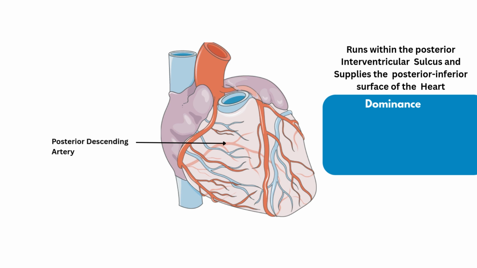In about 85 to 90% of people, the posterior descending artery branches off the right coronary artery. This is a right dominant circulation. And in about 10% of people, it branches off the left circumflex, making them left dominant. So a lucky few people even have what is termed a co-dominant system, where both sides contribute to blood flow.